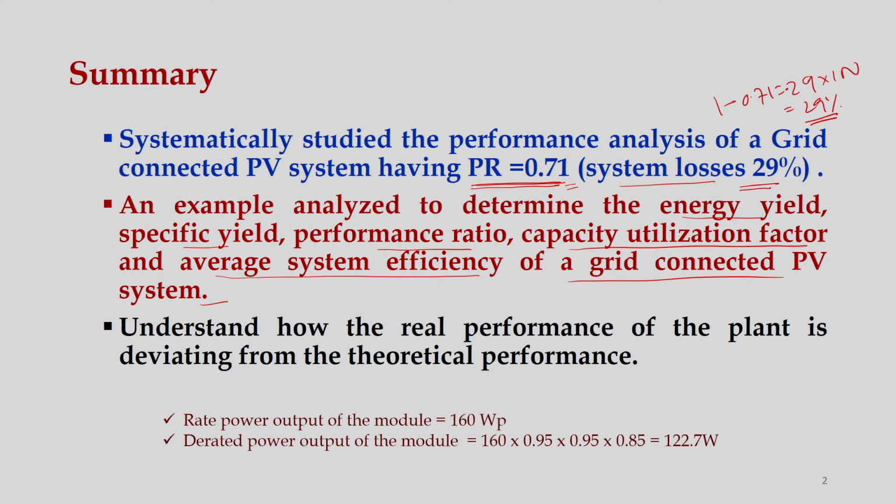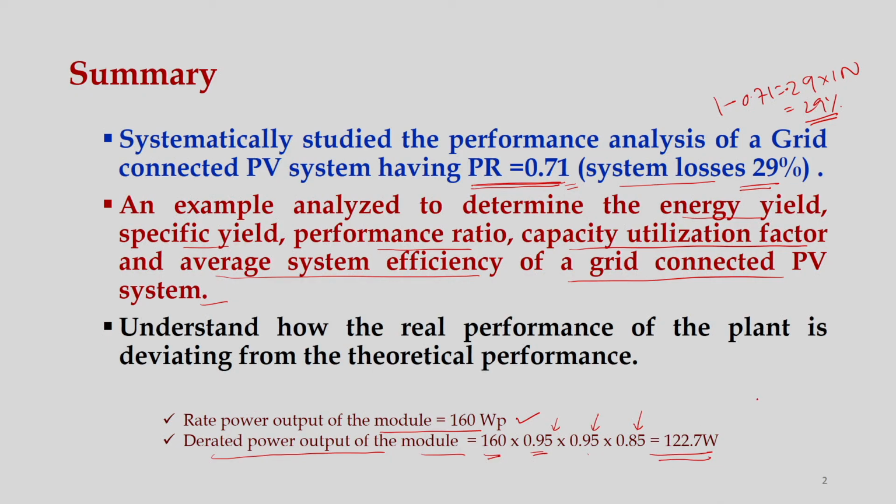Okay? As you can see, the rated power output of the PV array or module is about 160 watt peak. This is for modules, and if we consider a single module, the rated power output of the module, if we multiply by 0.95 for manufacturer tolerance, 0.95 for dirt and 0.85 for temperature, becomes 122.7 watt.